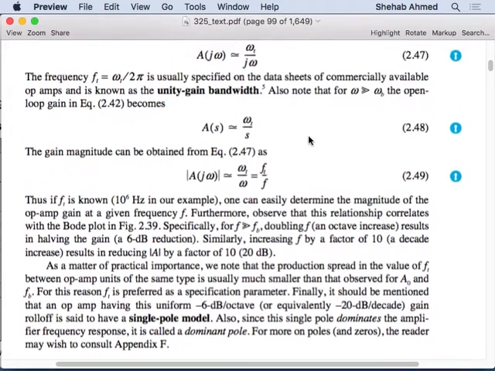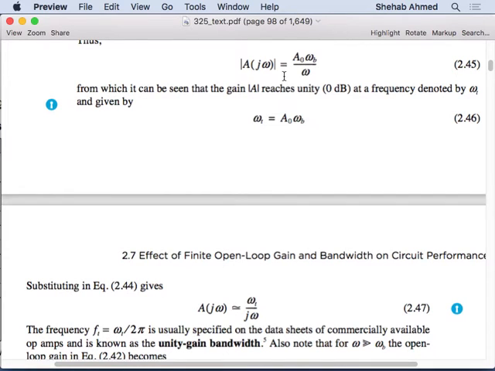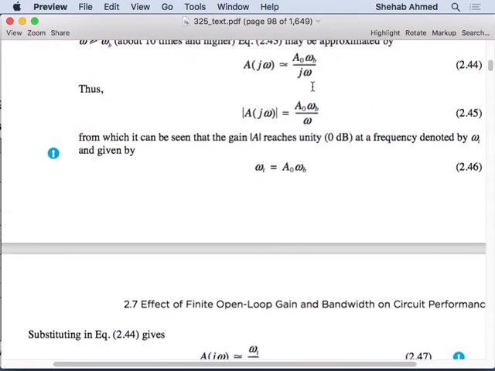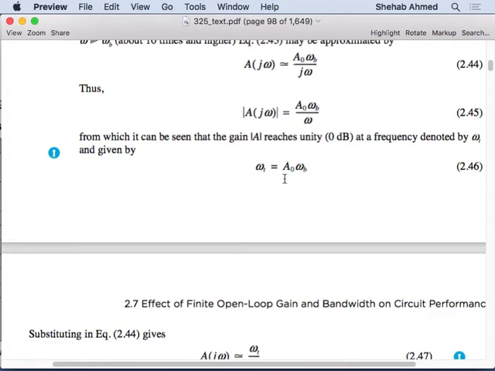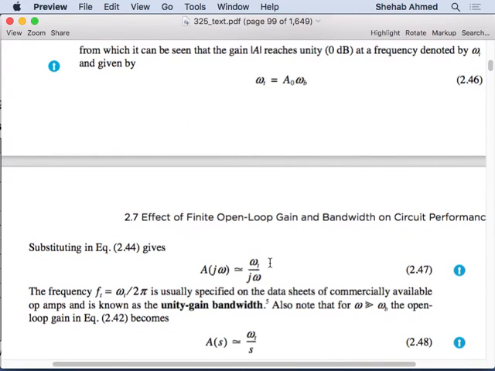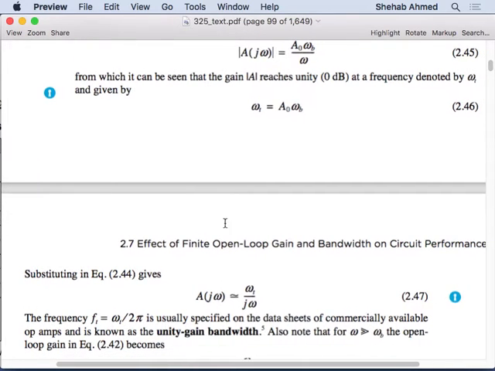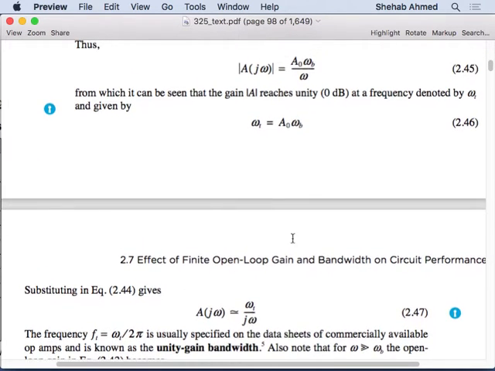So how are they justifying that? They're saying that this is the magnitude for omega greater than omega b, and this is the unity gain bandwidth. If you substitute omega t for omega b here, substituting equation 244 gives this.